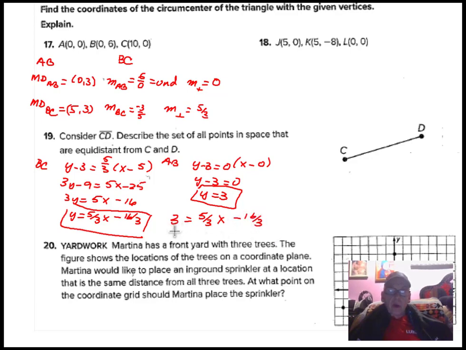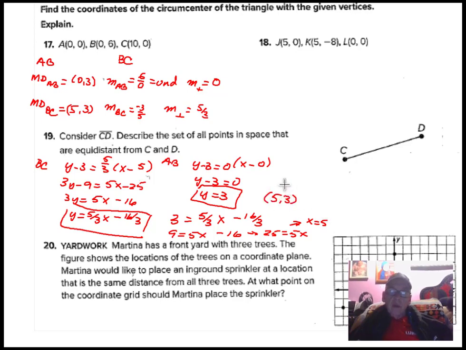Multiply everything by 3. 9 equals 5x minus 16. Add 16 to both sides. 25 equals 5x. Divide everything by 5. X equals 5. So we got x equals 5, y equals 3.